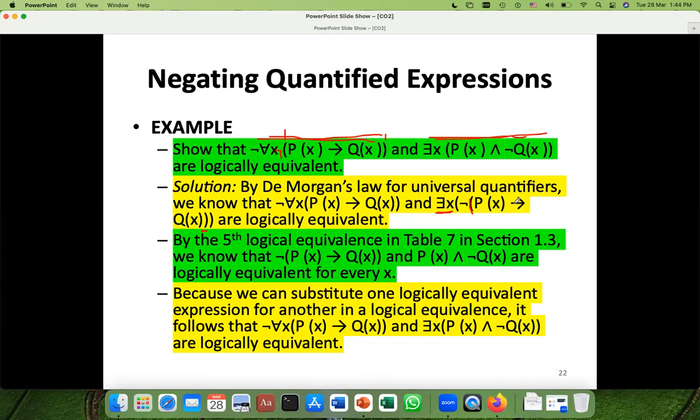So p of x implies q of x, and then you have the brackets around it. And negation is outside. So this is not something complicated written here. So what we have done here, we just moved the negation symbol forward. This universal will be converted into existential, and the negation is now here at its position.